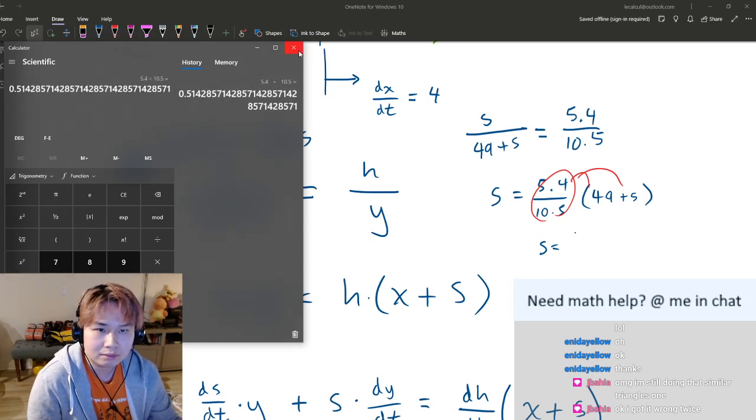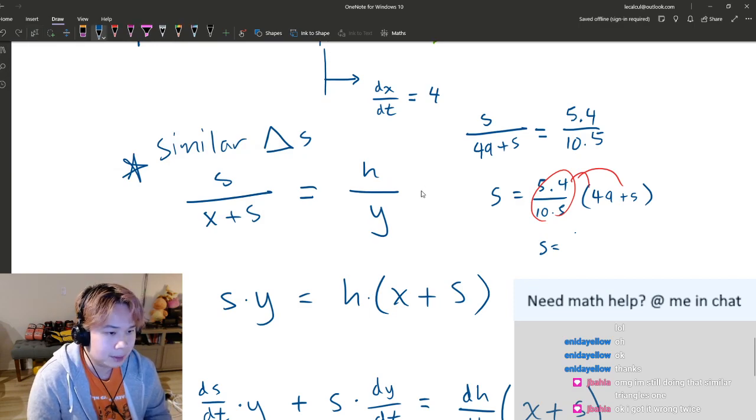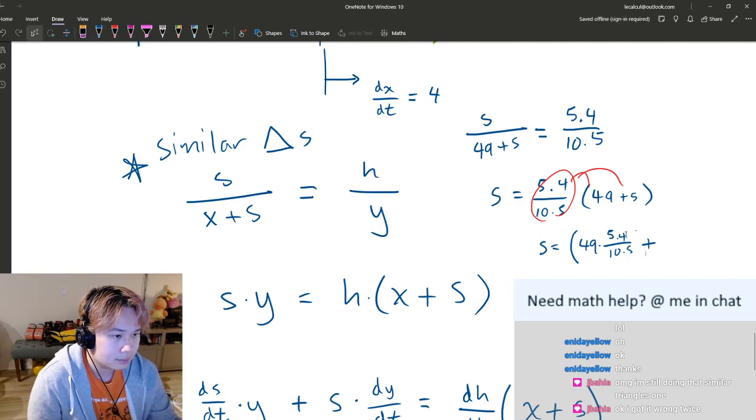No, it's not. Okay, so I'm gonna keep it like that. So 49 times 5.4 over 10.5 plus 5.4 over 10.5 S. I guess these brackets don't do anything.